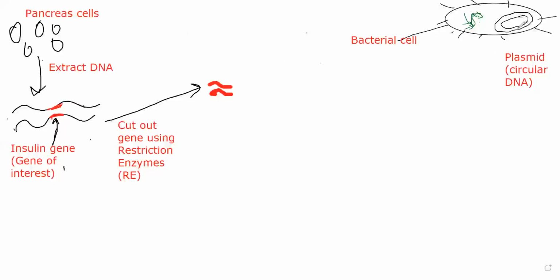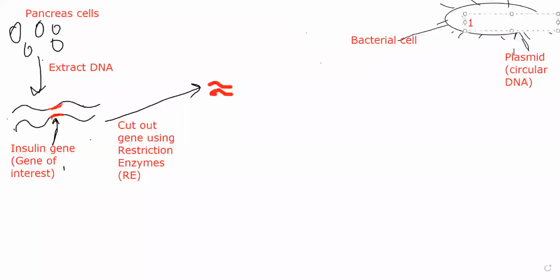Are you following? Yes, sir. That's a plasmid inside there. It's a circular DNA. It means the bacterial cell you are seeing here has two things, two separate DNAs that are in it. This is one. So you have this one here.